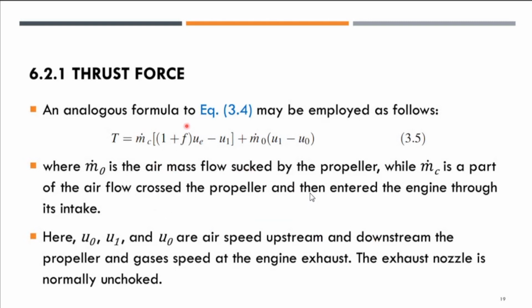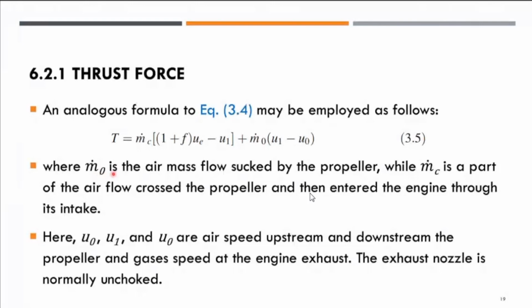Okay, an analogous formula to equation 3.4 for the case of turbofan may be employed for turboprop engine. So in this case, we have equation 3.5. You have the thrust equal to m dot c times 1 plus f, the air fuel ratio, times ue minus u1. u1 is the velocity after the propeller. Okay, u0 is before the propeller. ue is the exit velocity.